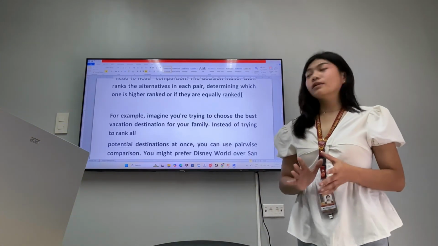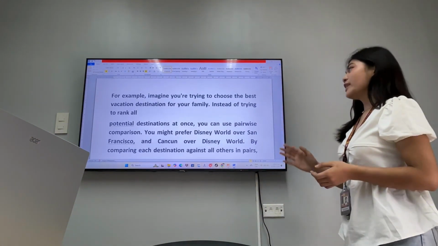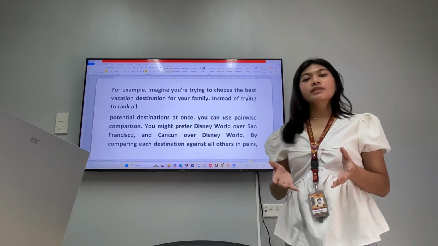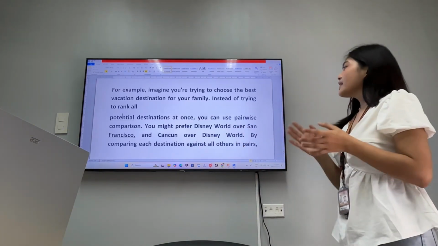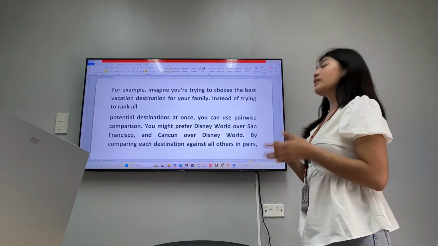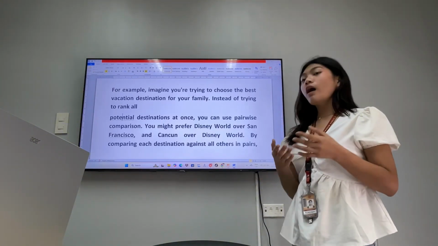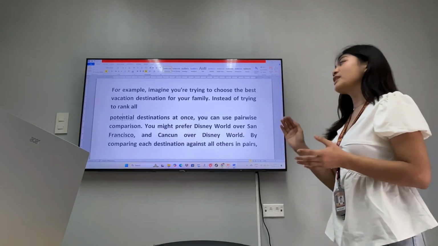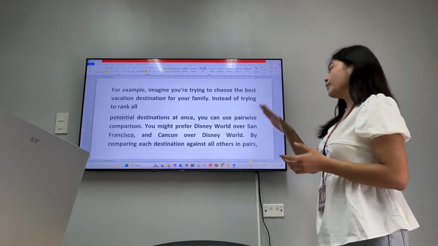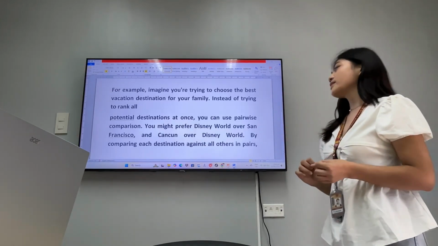For example, imagine you're trying to choose the best vacation destination for your family. Instead of trying to rank all potential destinations at once, you can use pairwise comparison.